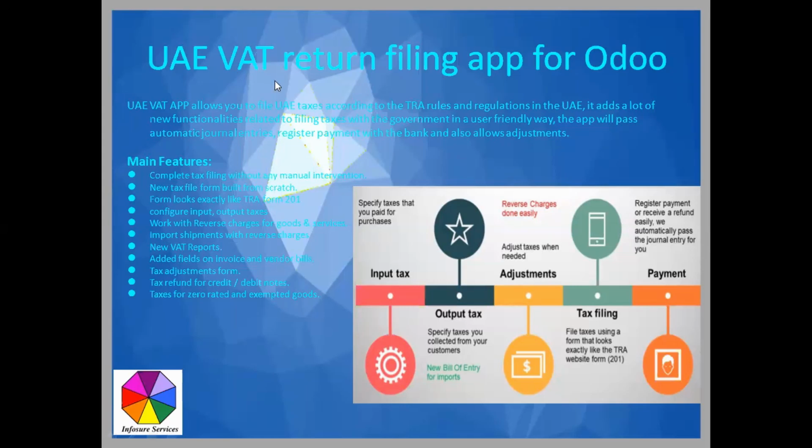In the UAE, mostly they don't have VAT filing; they have to do it on a website. Here is a mobile app, a module which can be implemented, which pulls your financial data, finally fills out the form, and then submits it. And it tells you what your payment amount is. It will do that out of the app.